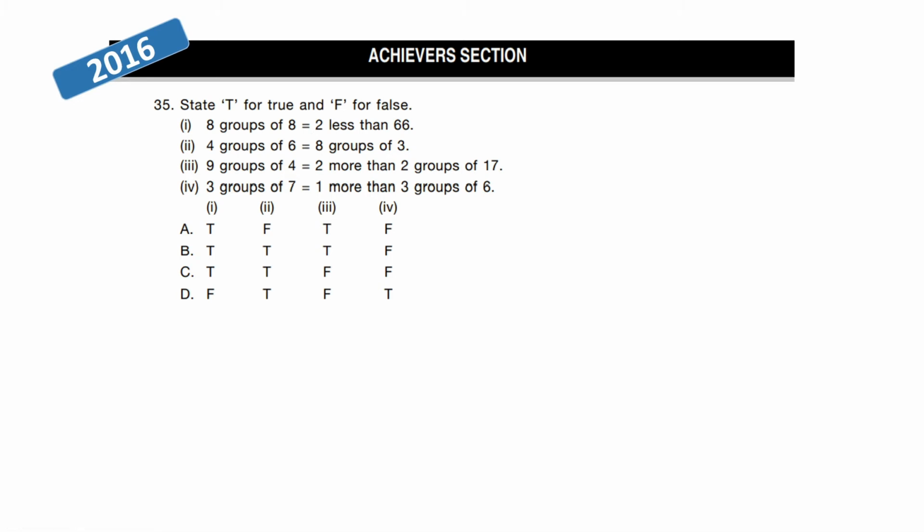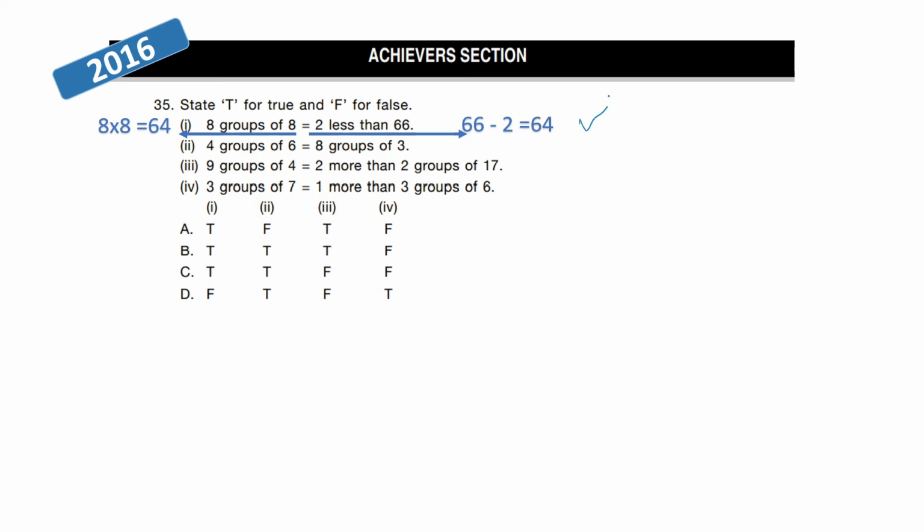Now these are simple statements which you need to match. For example, one says 8 groups of 8 which is nothing but 8 times 8 which is 64, and the second says 2 less than 66 which is 66 minus 2, less is minus, so this is also 64. So this is the right match.